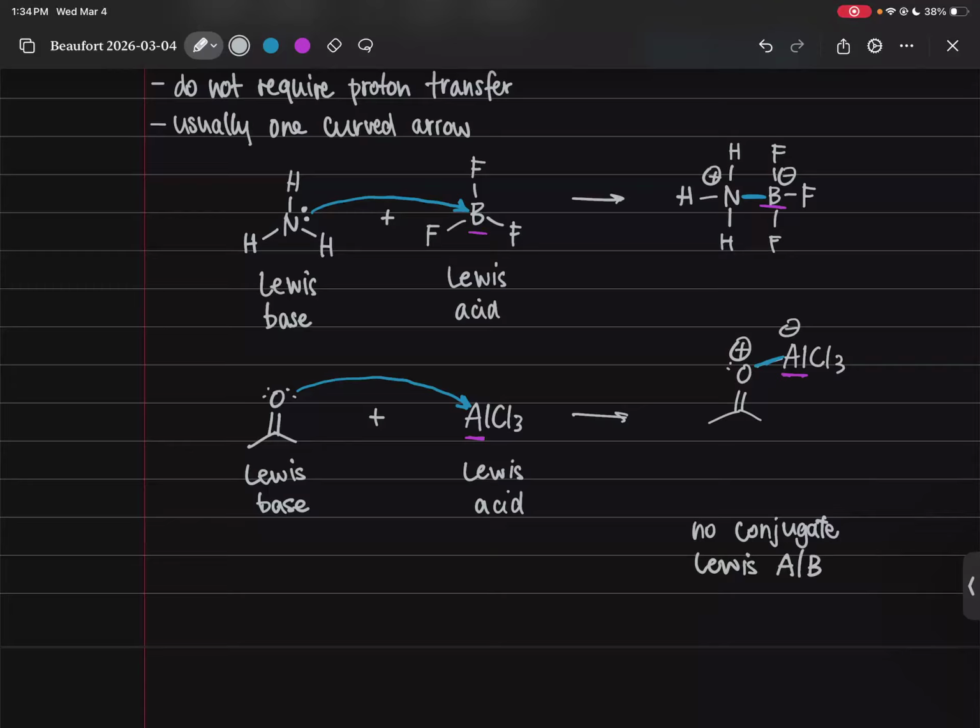There's no conjugate Lewis acid or conjugate Lewis base. It just didn't really work like that. Because in a reaction like this, this is a synthesis reaction. You're combining two molecules into one.